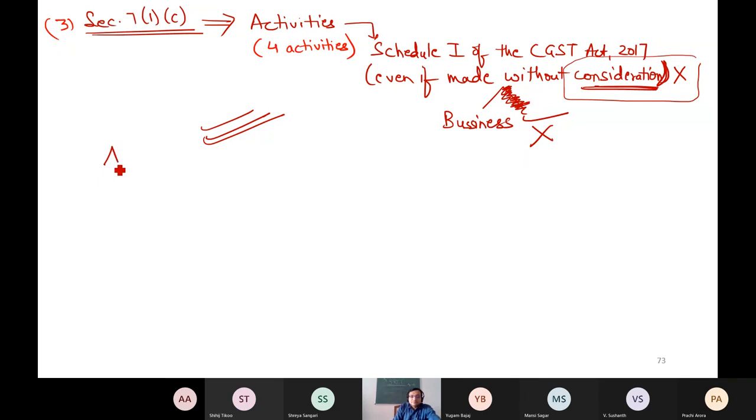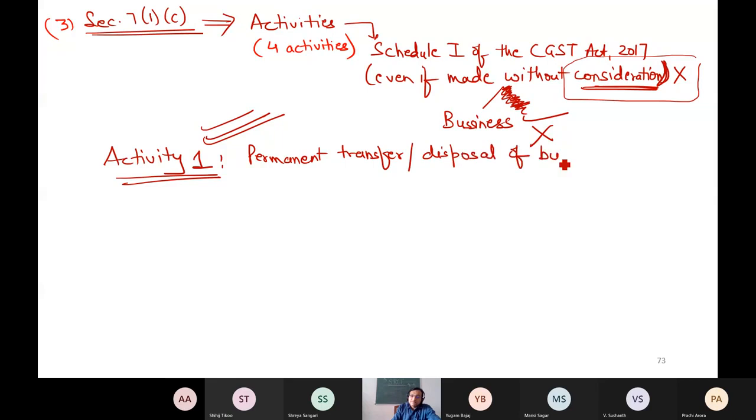So let me discuss activity 1. What does the Act say? Permanent transfer or disposal of business assets, even without consideration. Note that even without consideration is by default, because that is written in the heading.